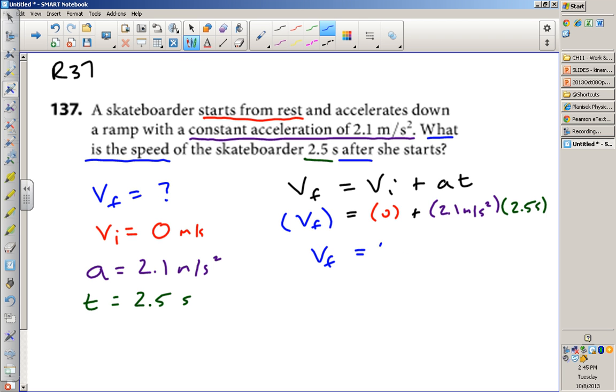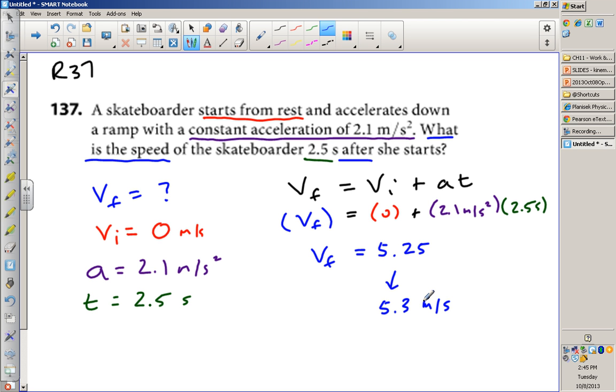When your calculator gives it to you, it's 5.25. But with 2 significant digits in the time, we should round that to 5.3 meters per second.